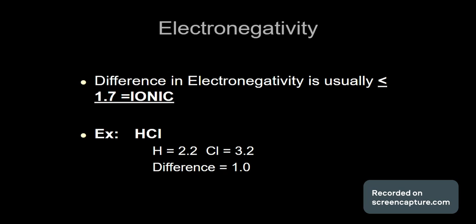It's a polar bond, but it is a covalent, polar covalent bond. It has a difference of one because hydrogen is 2.2 and chlorine is 3.2. If you do the subtraction, you'll see a difference of one. So that's right beneath the ionic interaction there.